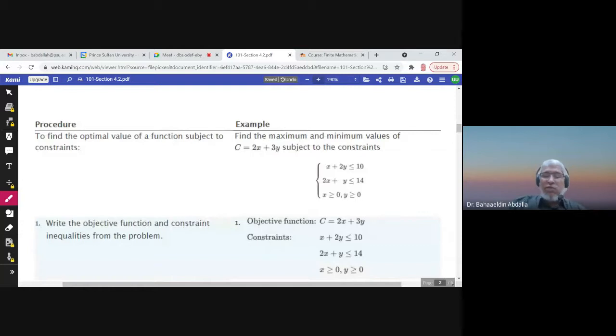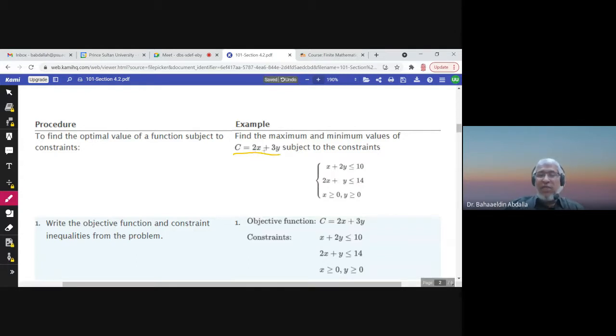Look here at the procedure of how to solve a linear programming problem, to find the optimal value of a function subject to constraints. Here is an example: find the maximum and minimum values of this function. This function is the objective function.